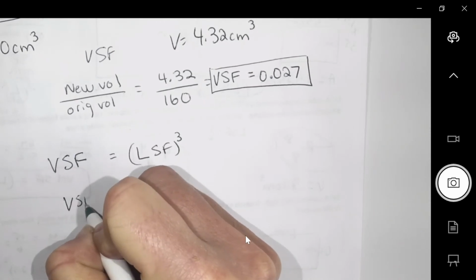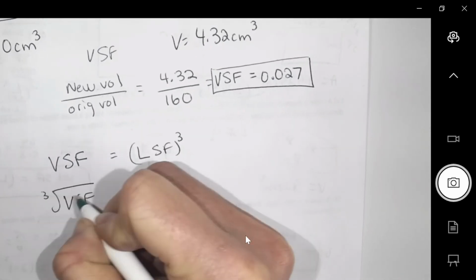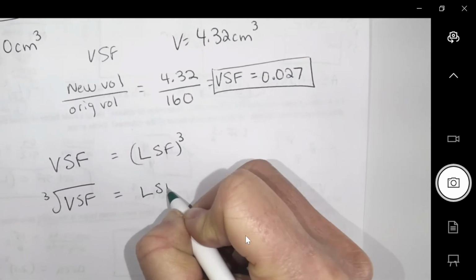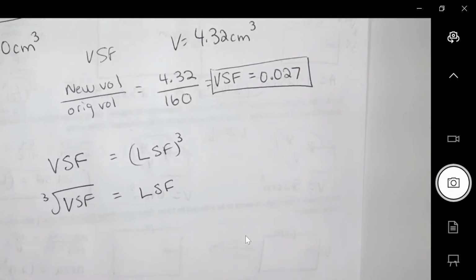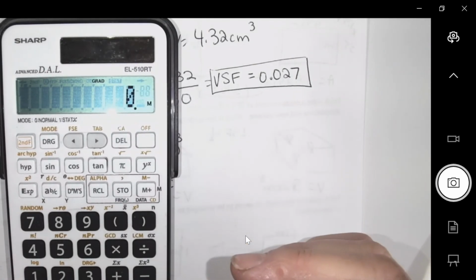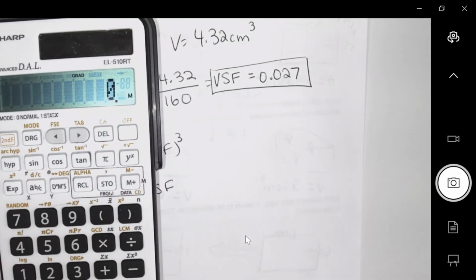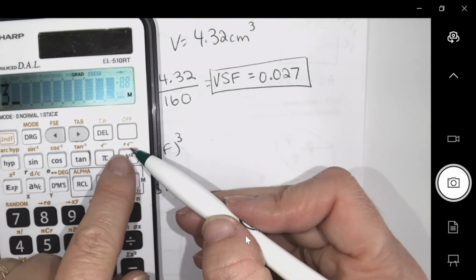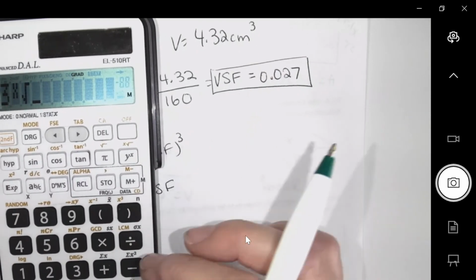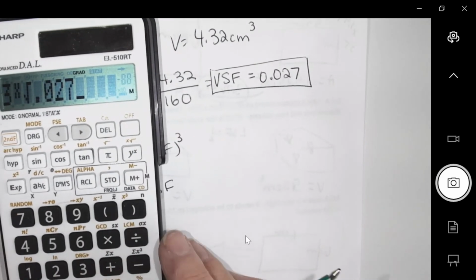So the volume scale factor cubed root will equal the linear scale factor. So can you find your buttons on your calculator? I'm going to show you what to do on mine. So on mine, I have to push 3 and then this button called the any square root of 0.027.